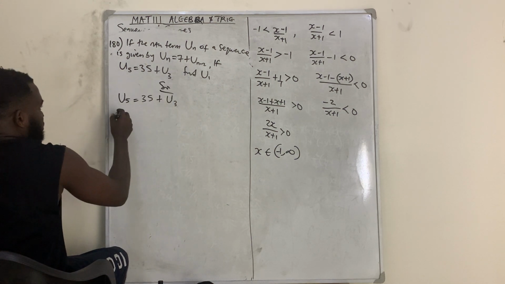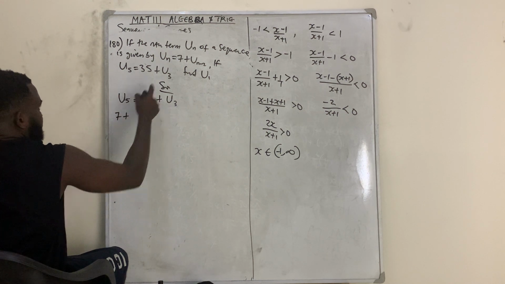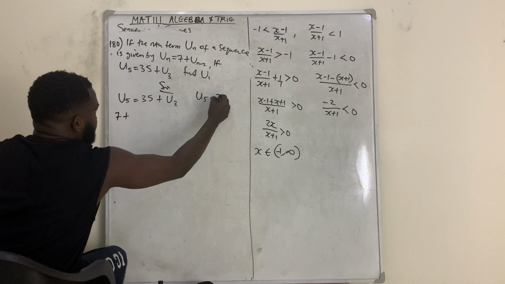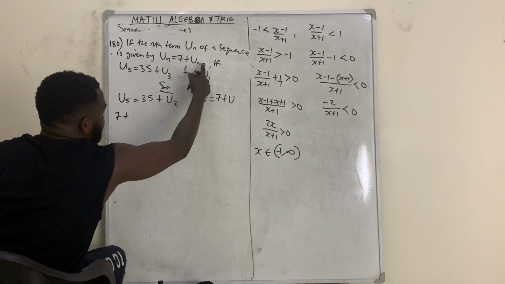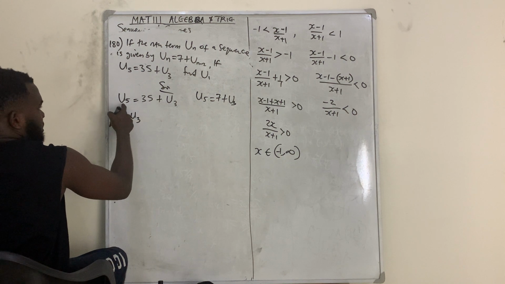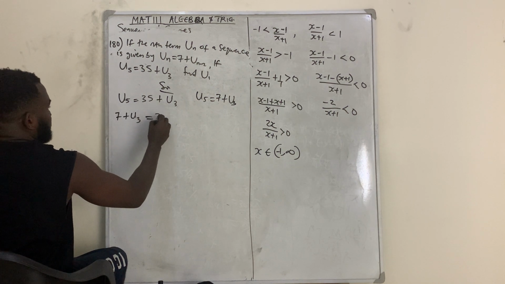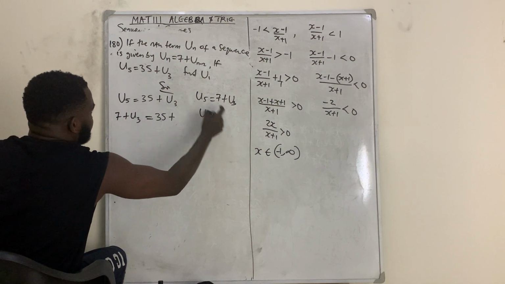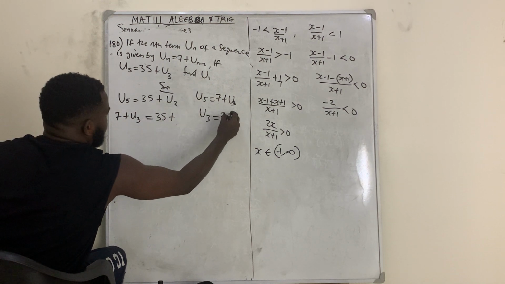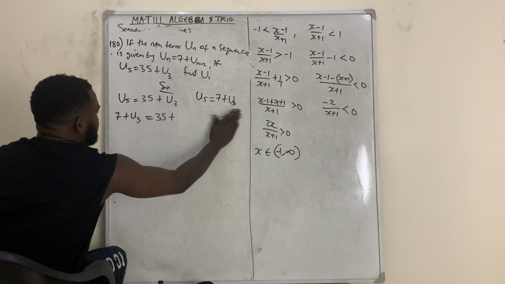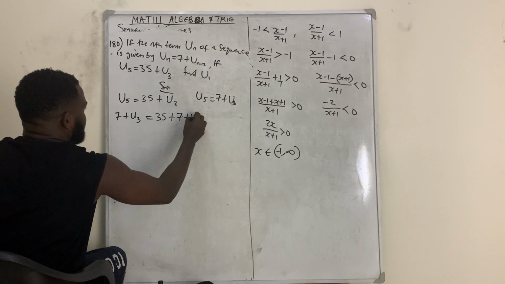So u5 is going to give me 7 plus u3, because 5 minus 2 gives 3. That is equal to 35 plus u3, and with the formula u3 gives me 7 plus u1.